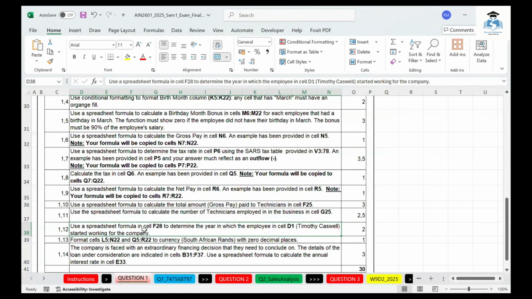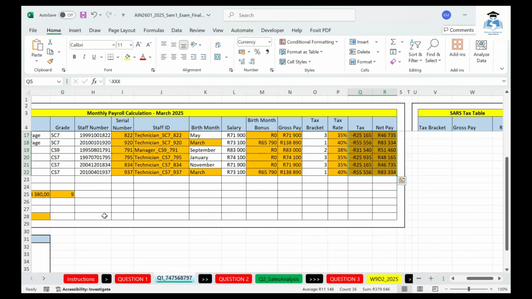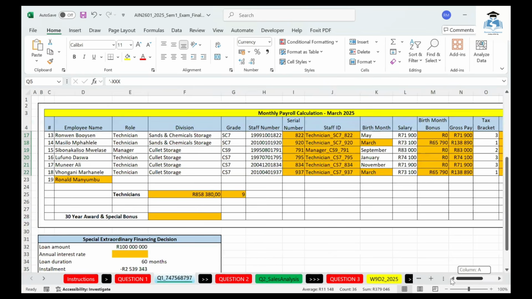Use a spreadsheet formula in cell F28 to determine the year in which the employee in cell D1, Timothy Caswell, started working for the company. F28. What must we use?